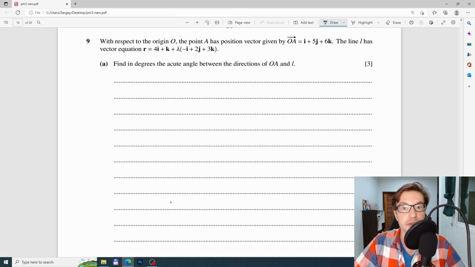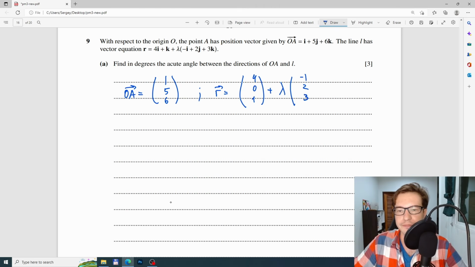And first of all, I'm going to write everything in a parametric form. So vector OA is going to be (1, 5, 6). Then the equation of the line is going to be r equals (4, 0, 1) plus lambda times (-1, 2, 3).